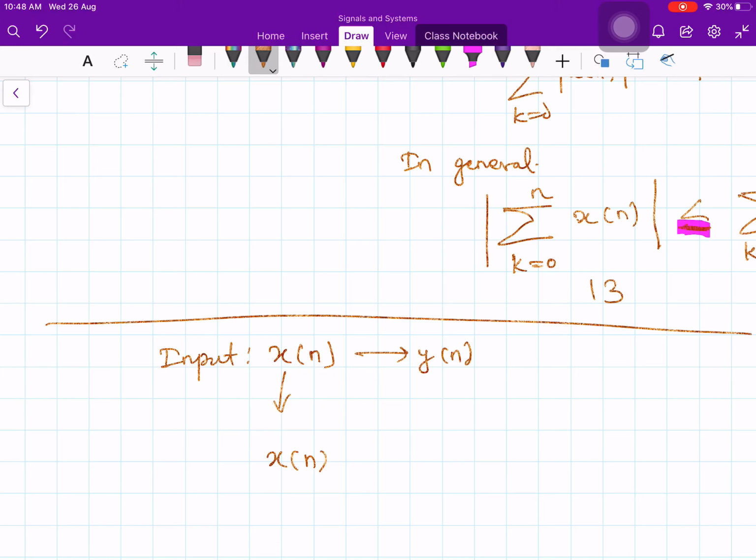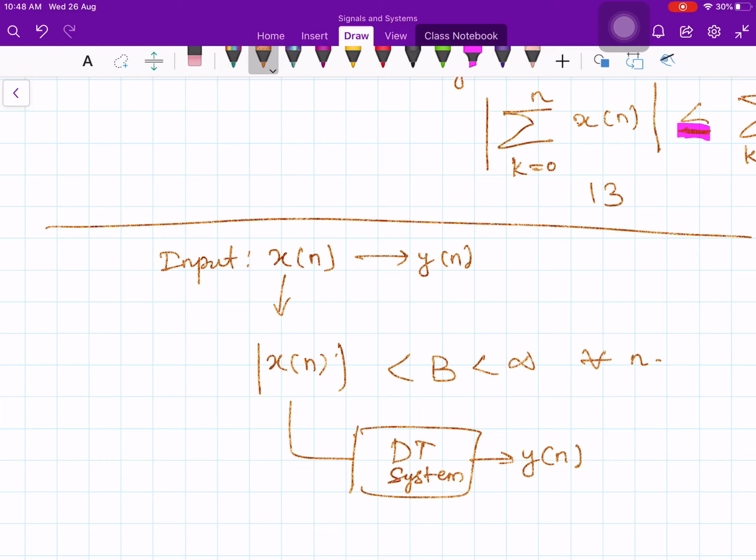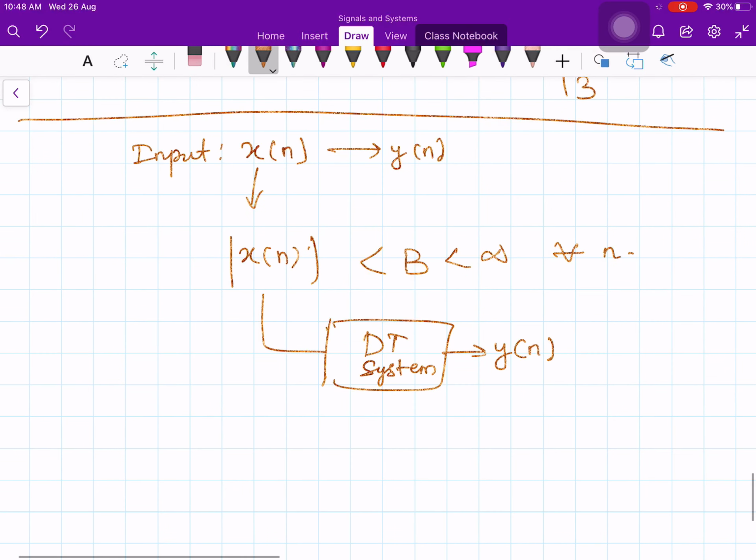So you take the magnitude, and this is less than b for all values of n. Let us say it is a finite value, less than infinity, for all n. Suppose we supply this to a discrete time system, then I will get the output y of n, and the impulse response of the system is h of n.